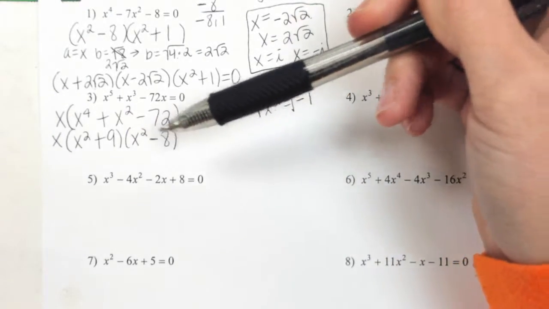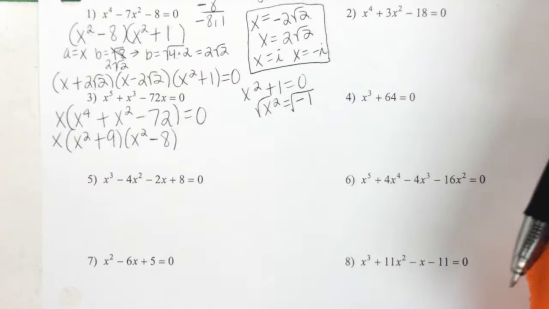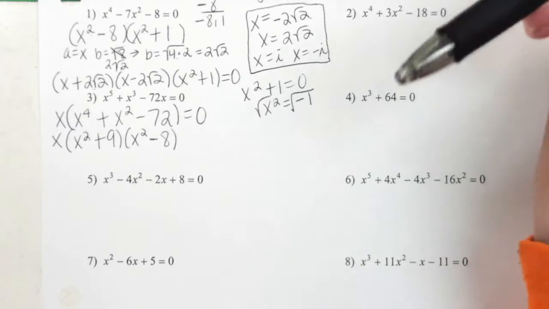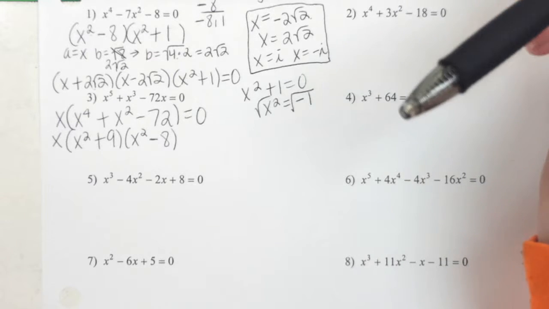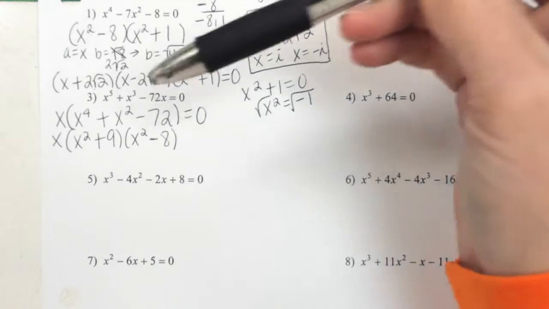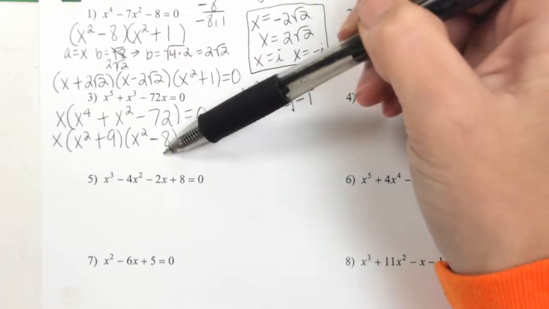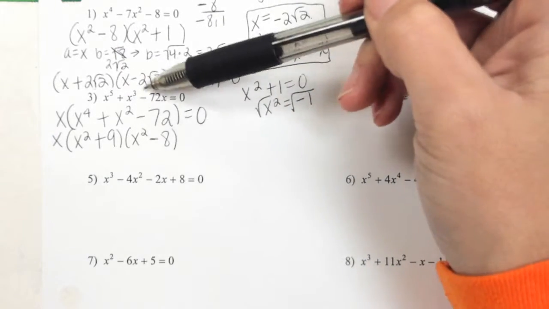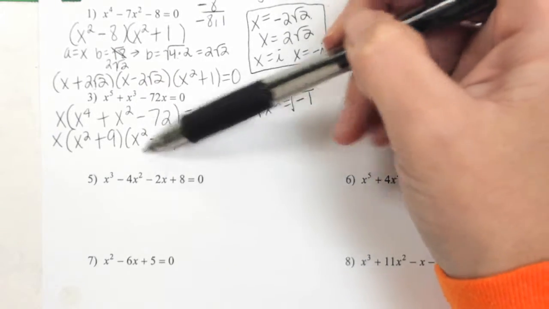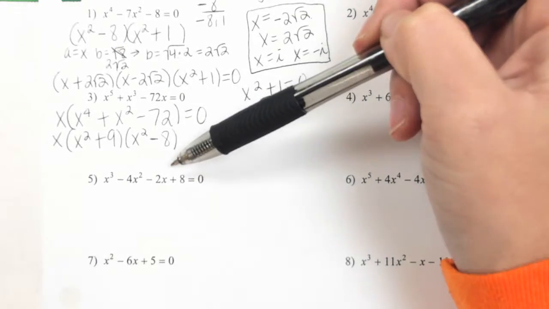And then 9 minus 8 is going to give us our positive 1. Again, there we have our little x squared minus 8. Notice this is the same one as the first problem. I'm not going to make you break it back up again because, like I said, we've already done that in the first problem. We can just look at that one.